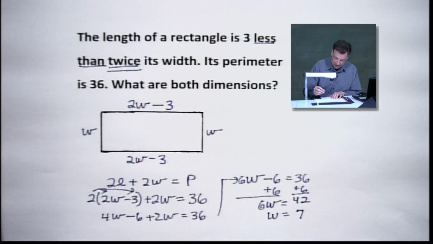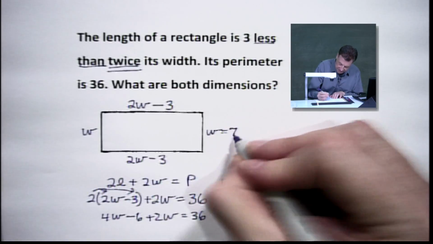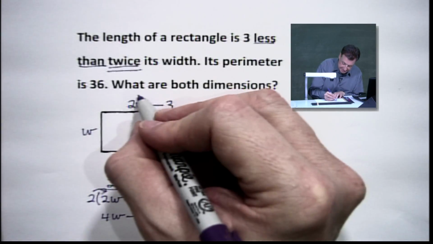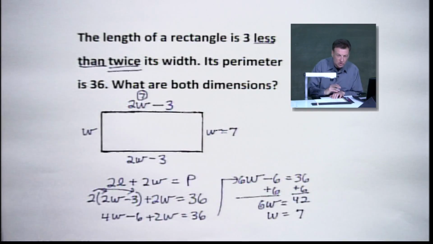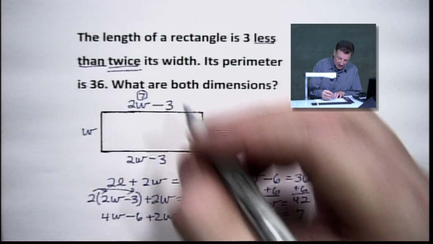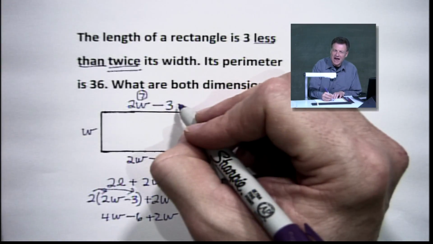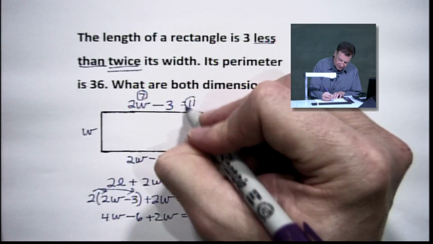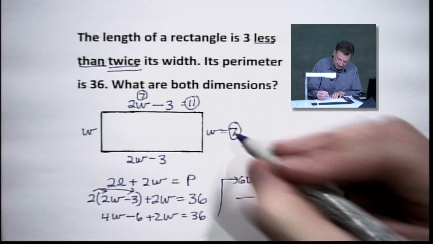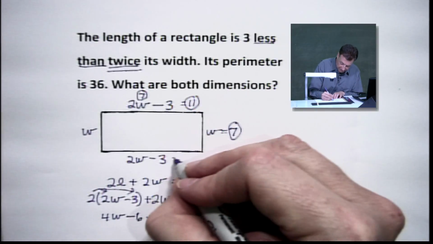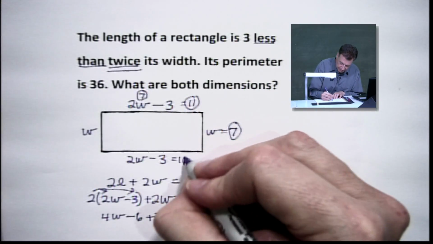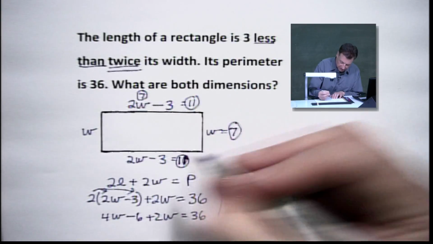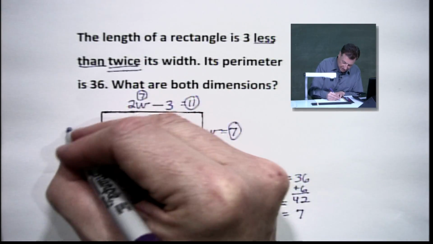A quick check. We're saying our W is 7. We're going to put a 7 in for 2W, 2 times W. It's going to be 2 times 7, and that's 14, and we subtract 3, we get 11. So it looks like I'm getting 7 and 11. Well, I'm going to have an 11 down here also. Let's see if I can make an 11 happen. And over here we have a 7.